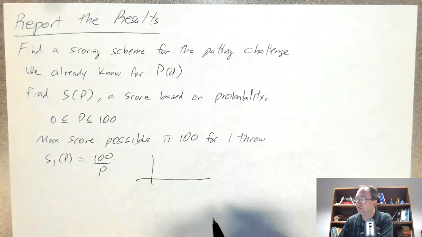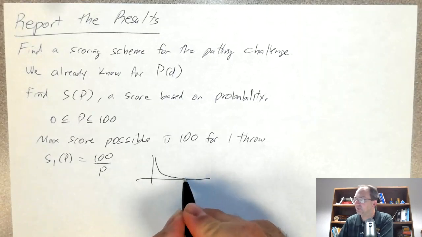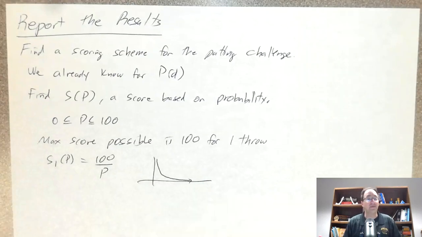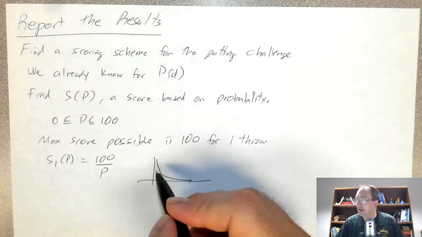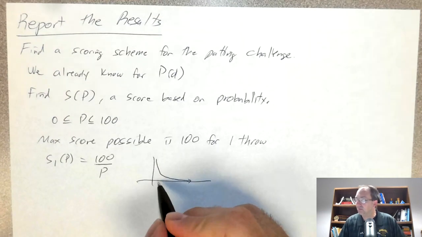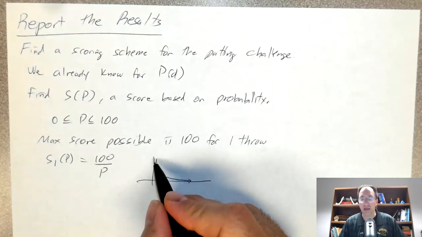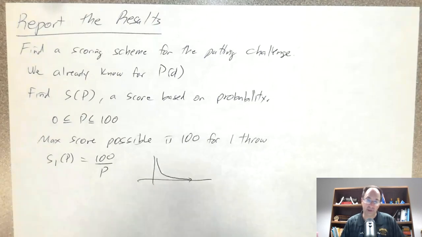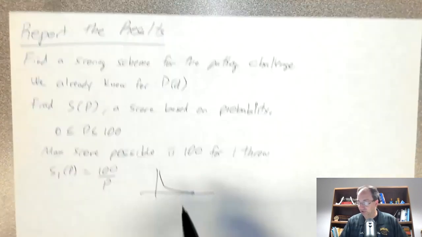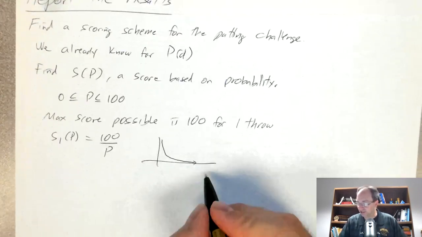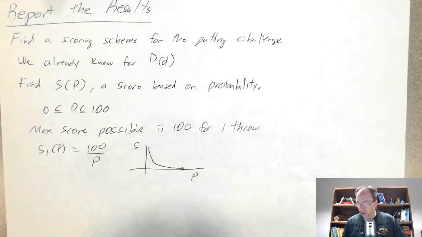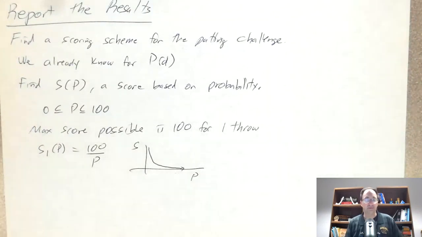And this certainly has the feature that because it's the reciprocal function, since we're saying it's inversely proportional, at probability near 0, we're going to have infinite points, which is a problem. And then as we get further along the x-axis here, we're going to be closer and closer to 0 points.